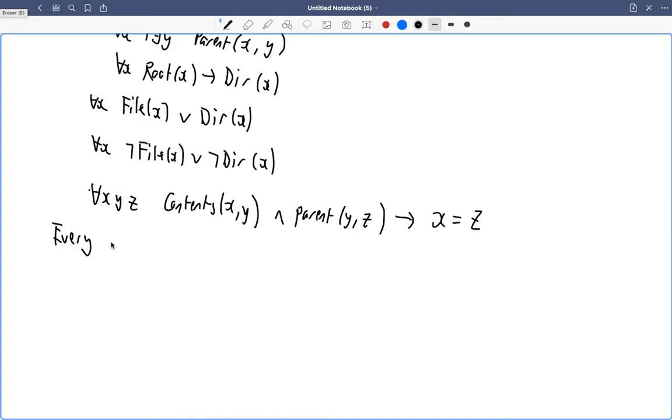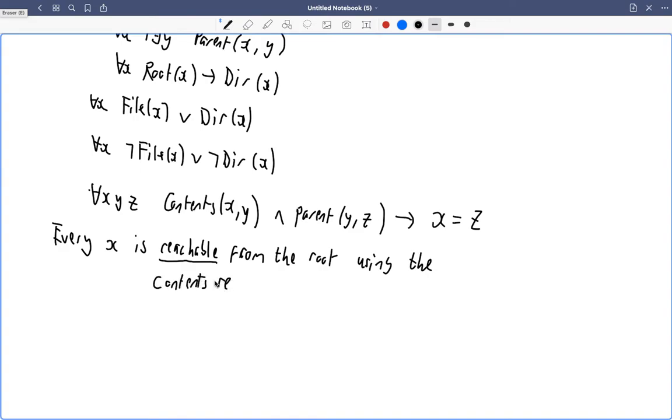We might say this as every x is reachable from the root using the contents relation.